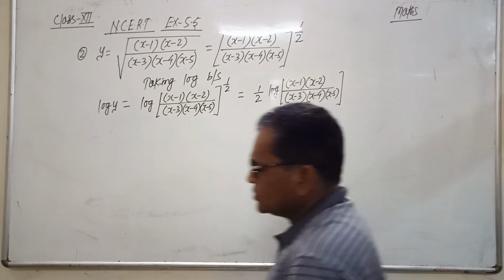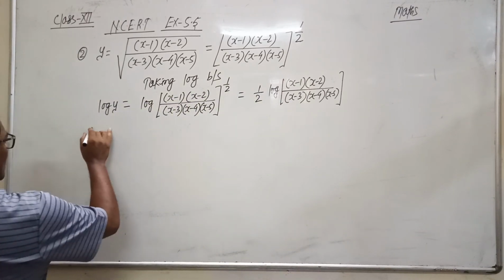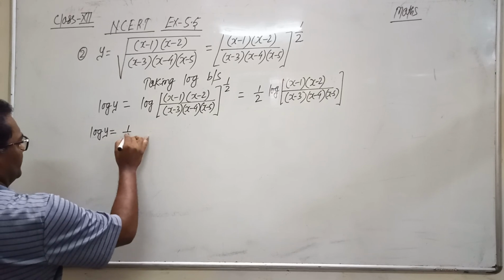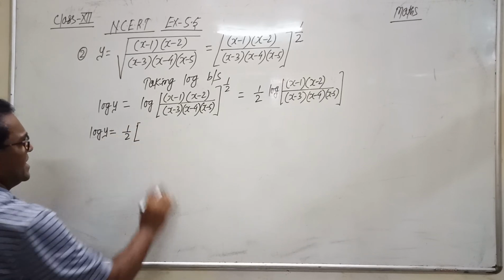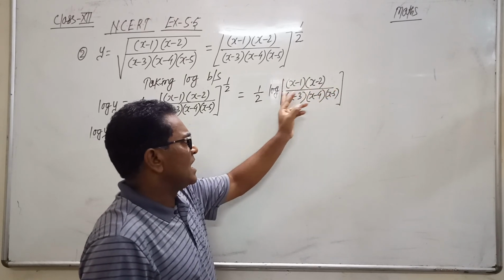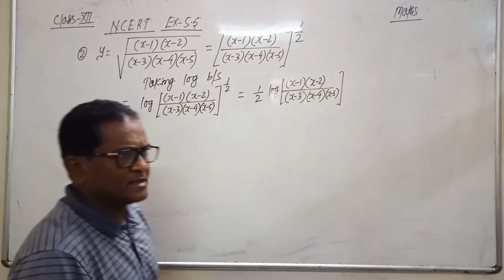Again we use the property of log a by b. In this, the numerator is taken as a and the denominator is taken as b.